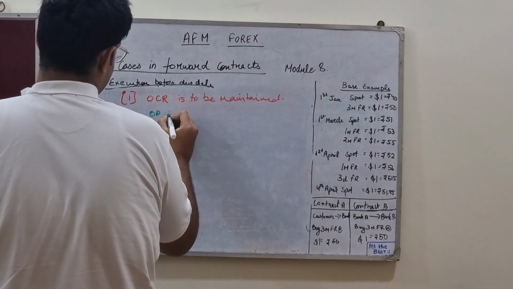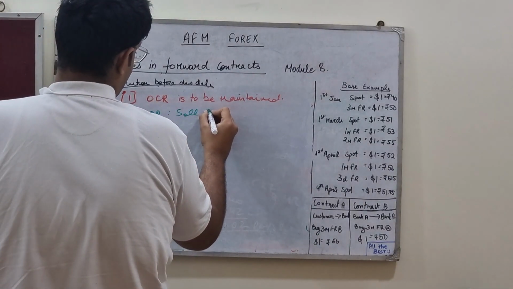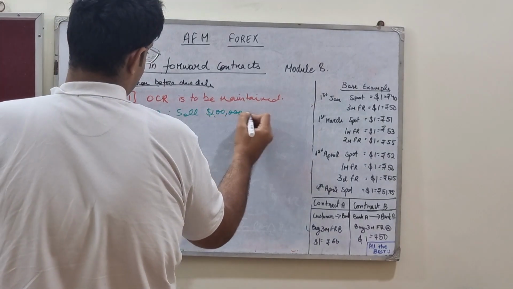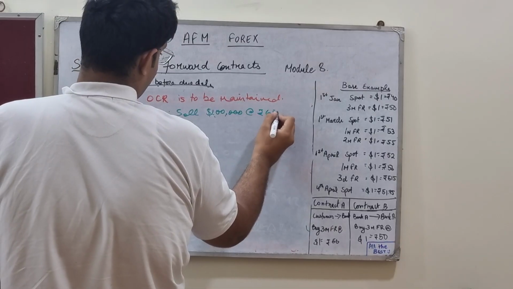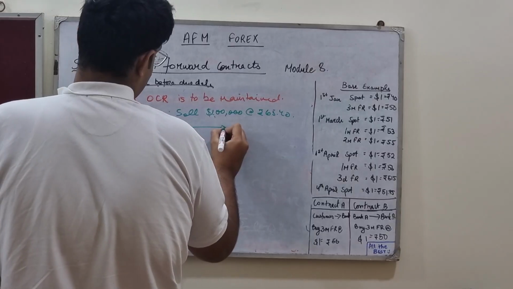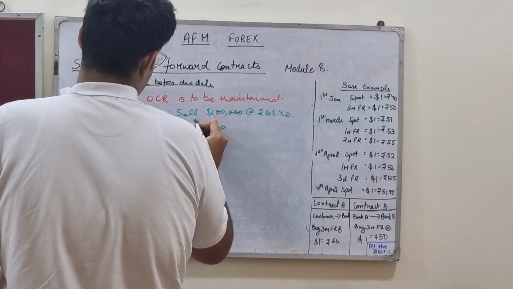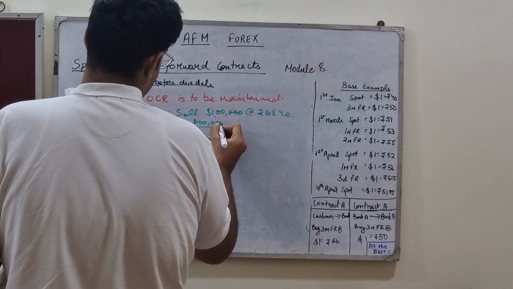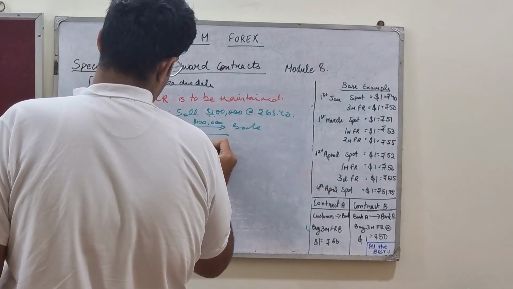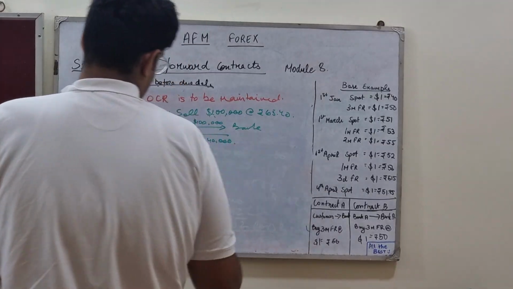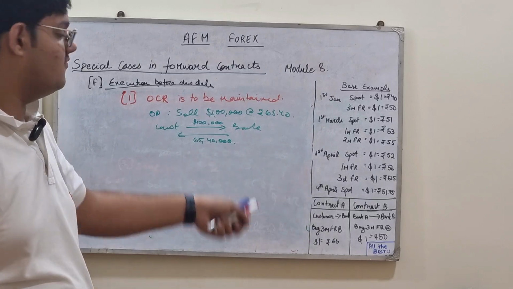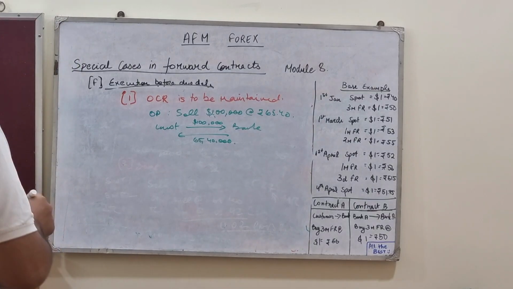So original position is sell $100,000 at rupees 65.40. So the customer will still give the bank $100,000, and the bank will still give the customer 65,40,000. Alright, so this question is asking us the net inflow for the customer, so the 65,40,000 is relevant later on.